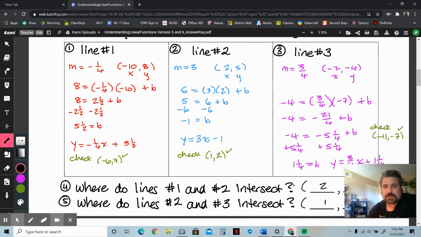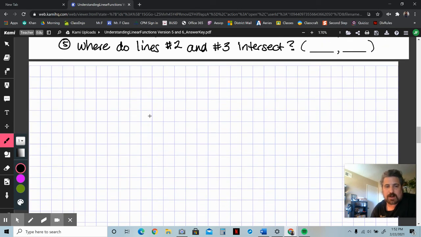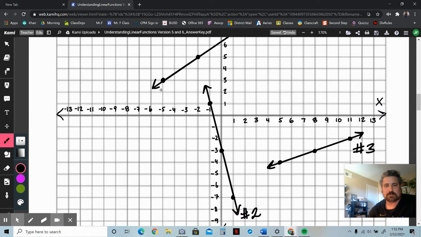So for lines 1 and 2, we know that this is the equation y equals negative 1/4 x plus 5.5. So let's go here and write it out. This is for version 5. We have line number 1, which was y equals negative 1/4 x plus 5.5.